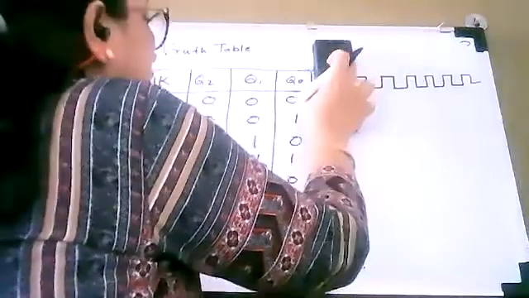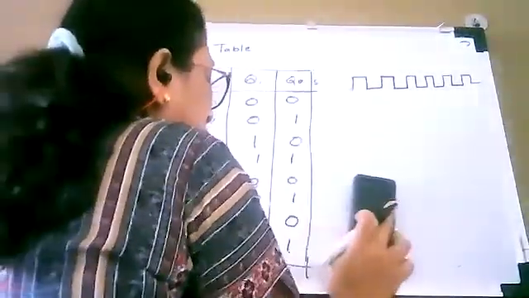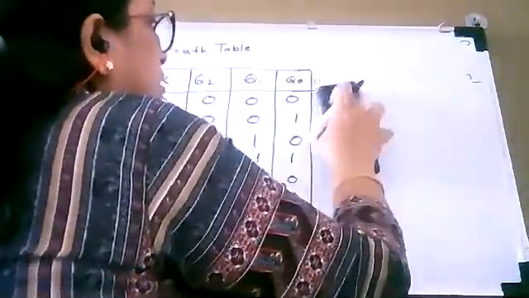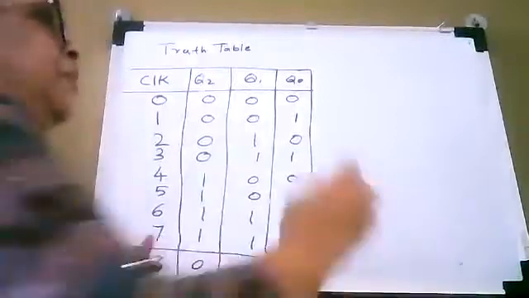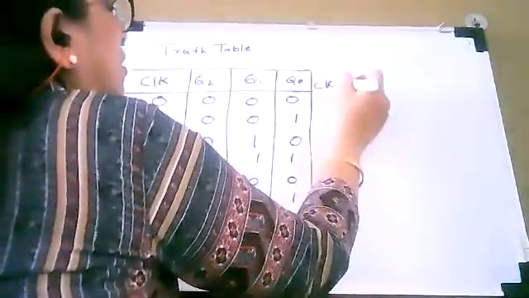So what I will do is I will wipe out this state column, and here I'm going to add one more clock. Okay. Let us draw clock.